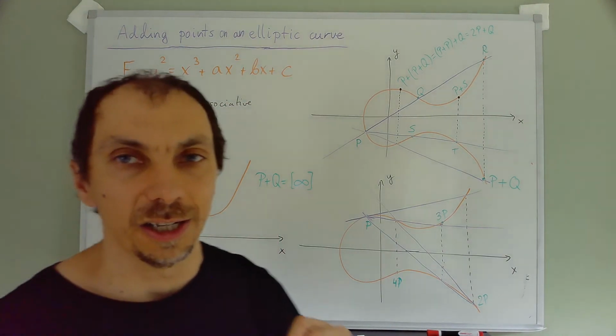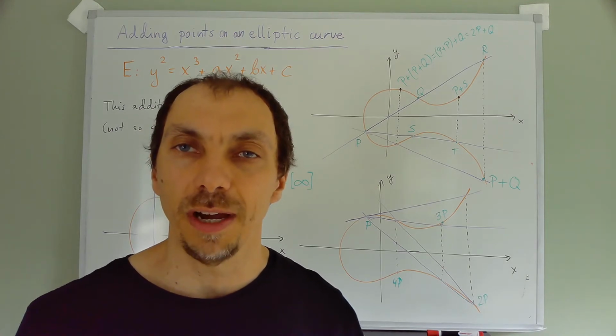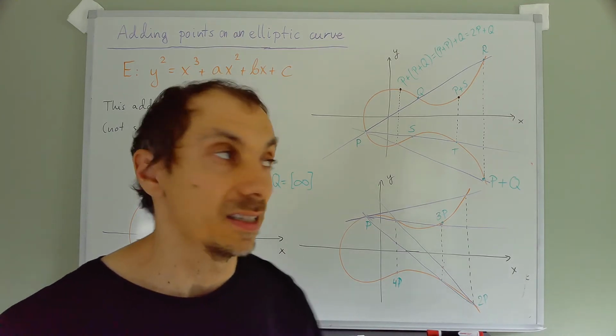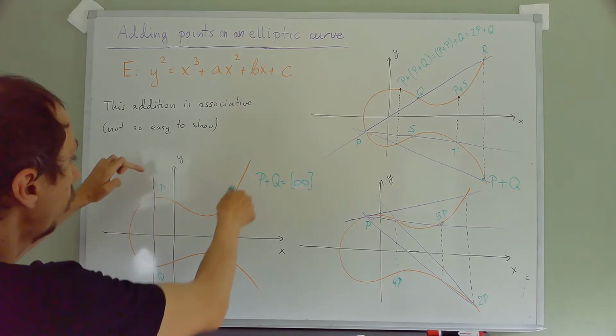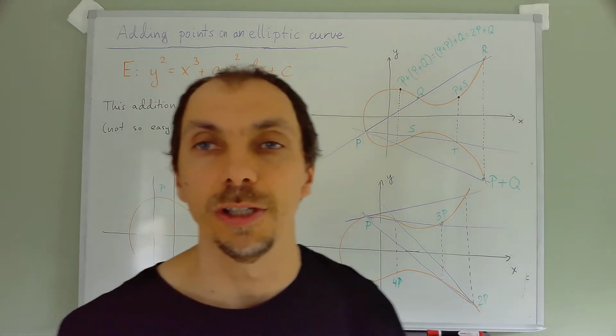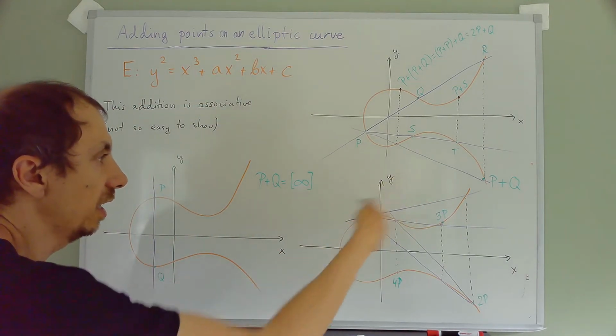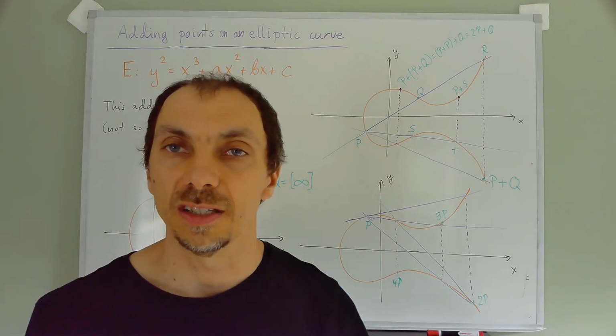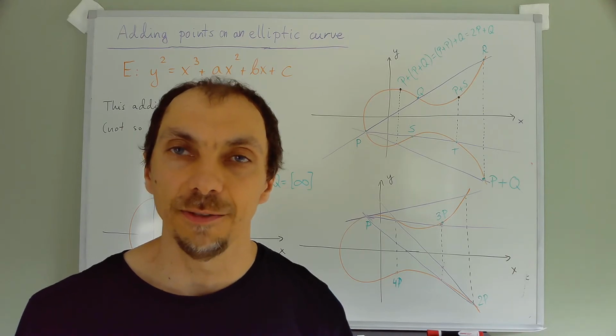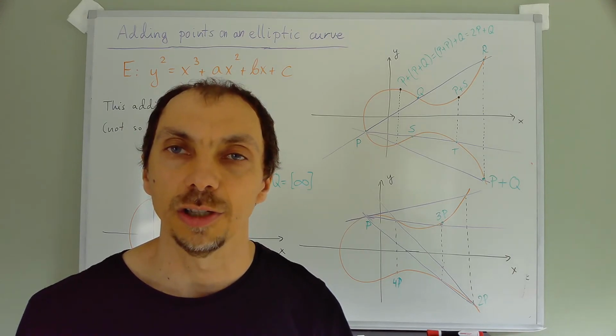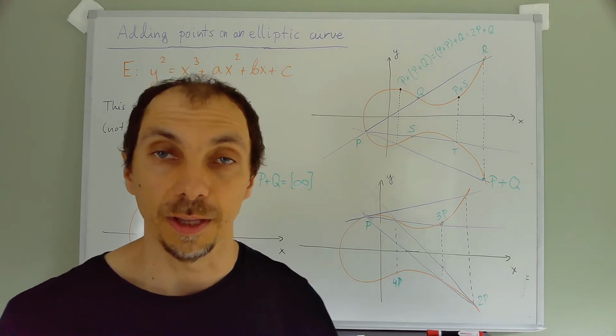It's actually a bit confusing because we write infinity for that point because it's like somewhere there, right? We just think that the curve intersects the line again somewhere at infinity. However, for this addition, infinity works like 0. That is, if I add infinity to something, I actually get the same thing.